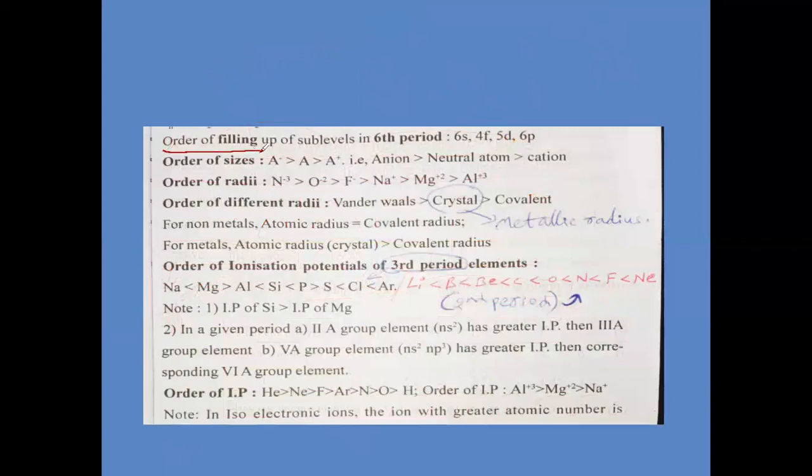Now, order of filling sublevels or subshells in the sixth period. Sixth period means n is equal to 6. Which orbitals will be filled with electrons? ns, (n minus 2)f, (n minus 1)d, np.